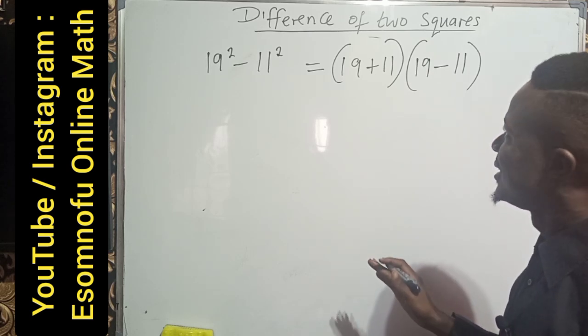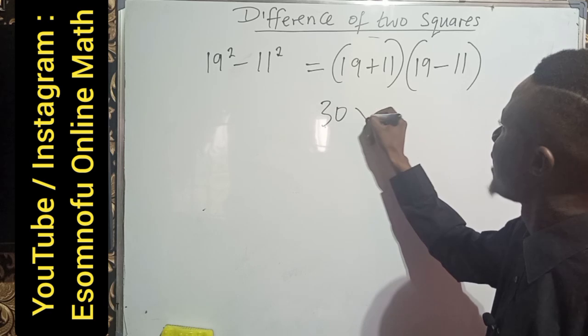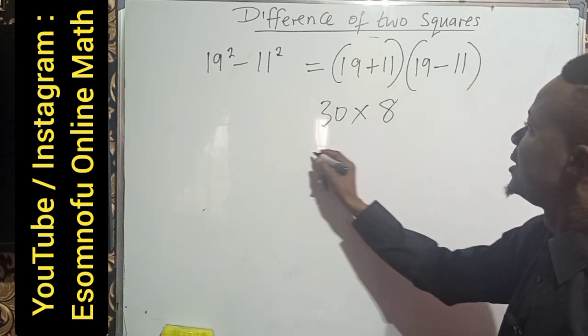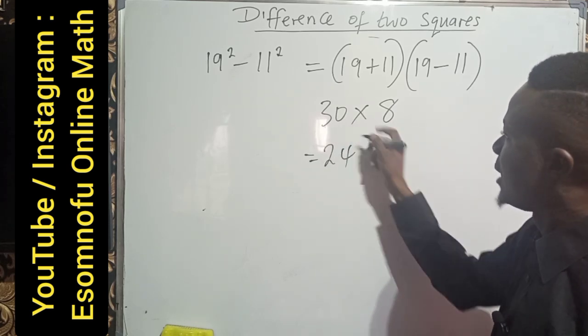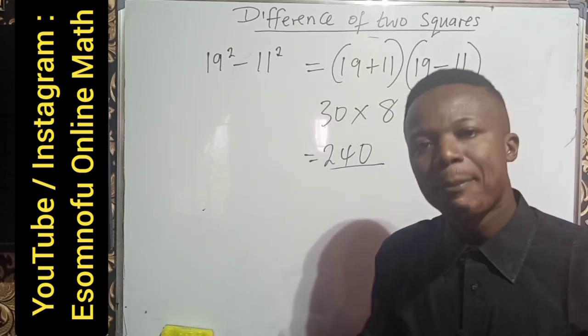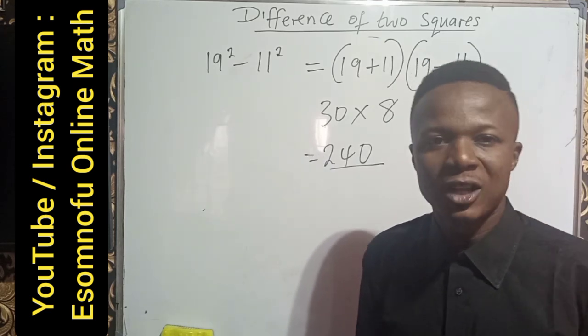That's just it. And 19 plus 11 will give us 30, times 19 minus 11 will give us 8. Now you multiply 3 times 8 is 24. Then you add this 0. The answer is 240. So this is an application of difference of two squares in doing some simplification without wasting time.